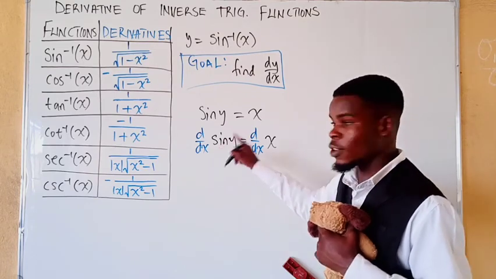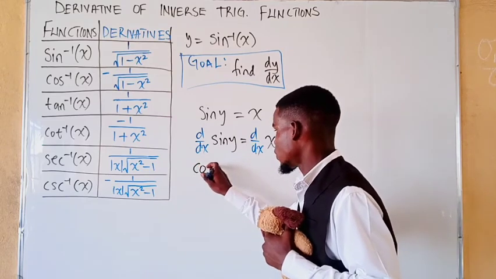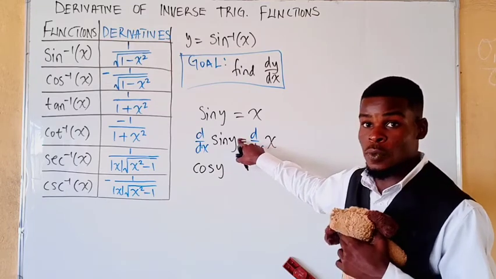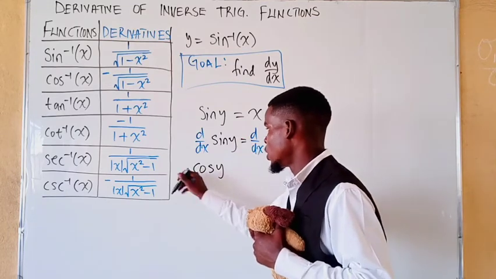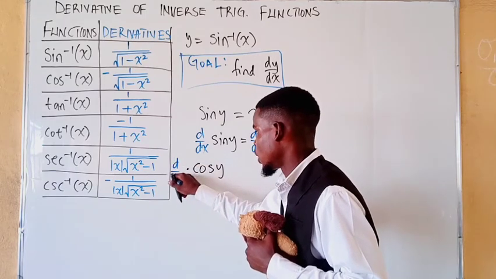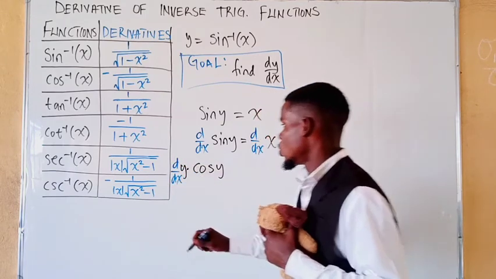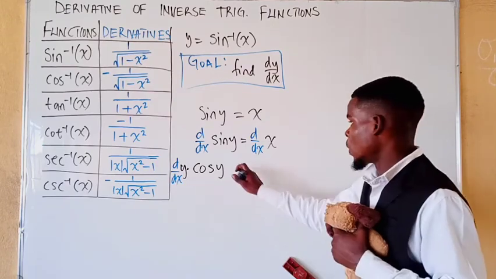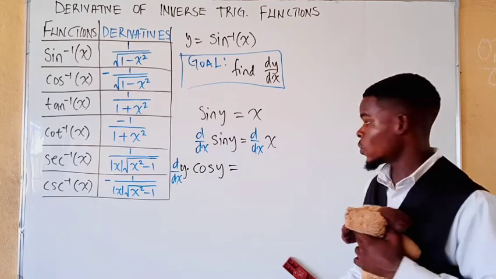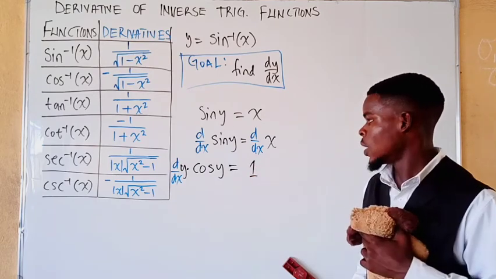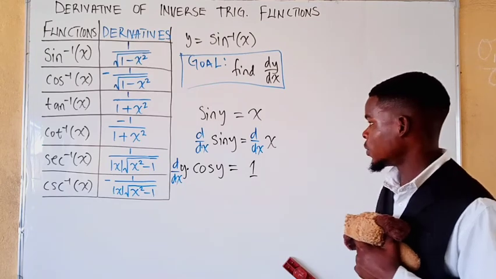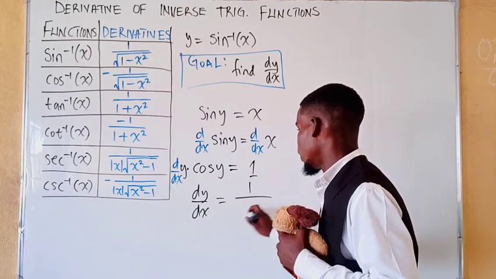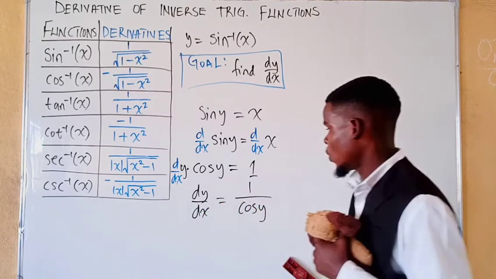The derivative of sine of y is cosine y, multiplied by dy/dx. The derivative of x with respect to x is just 1. So from here, dy/dx is 1 over cosine y.